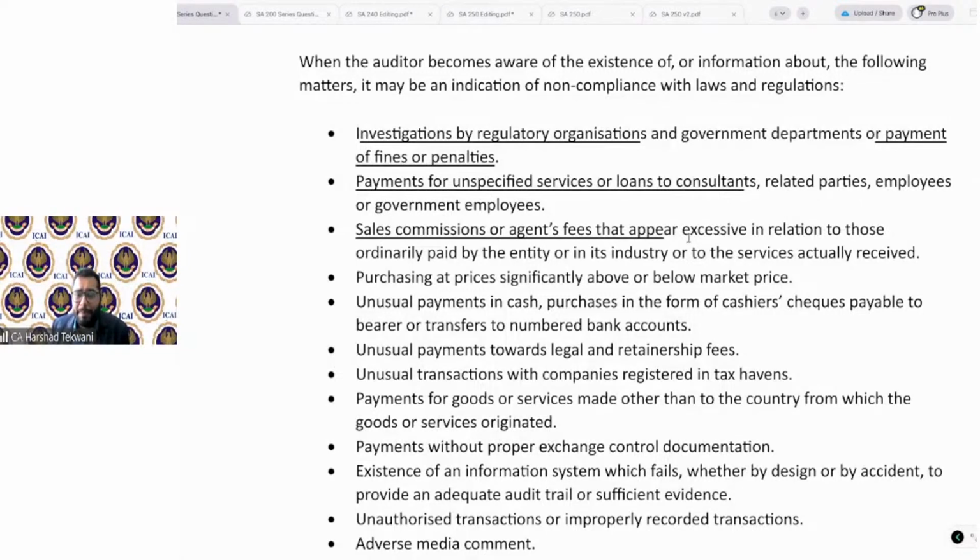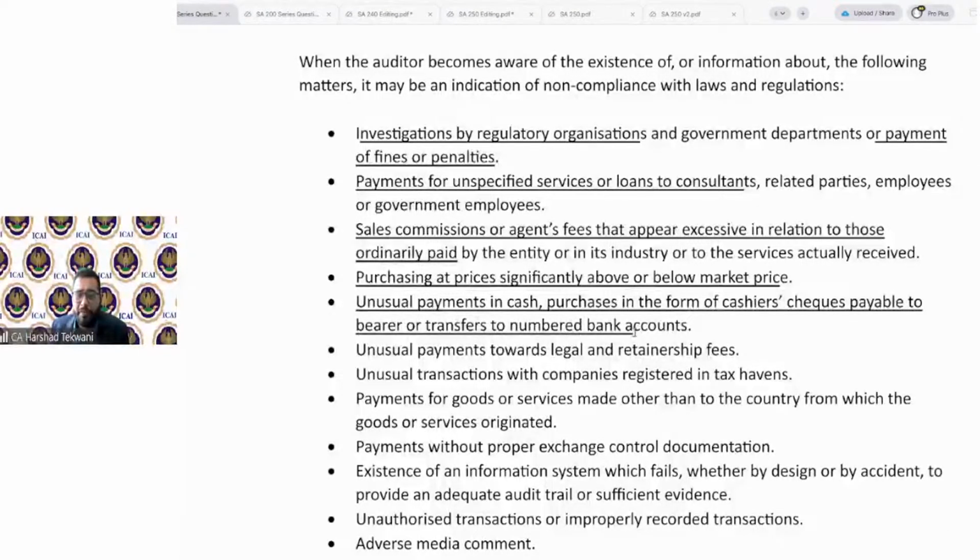Sales commission to agency that appears excessive in relation to those ordinarily paid. Purchasing at price significantly above or below the market price. Unusual payment in cash, purchases in the form of cashier cheques payable to bearer, or transfer to a numbered bank account. Unusual payment towards legal and retainership fee. Unusual transactions with companies registered in tax havens.